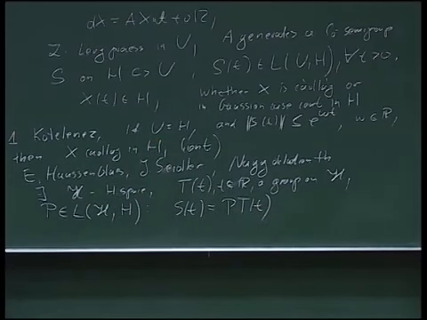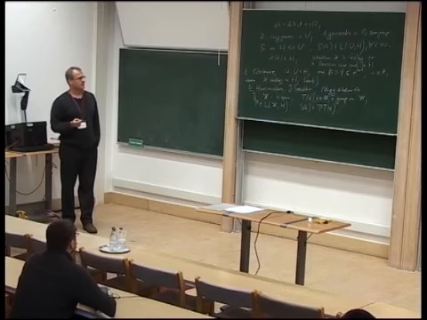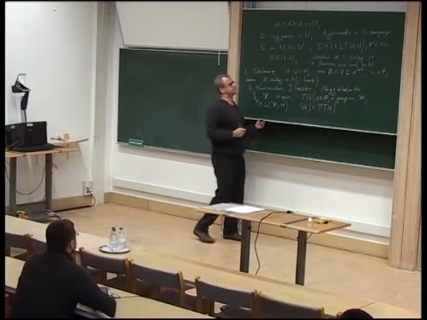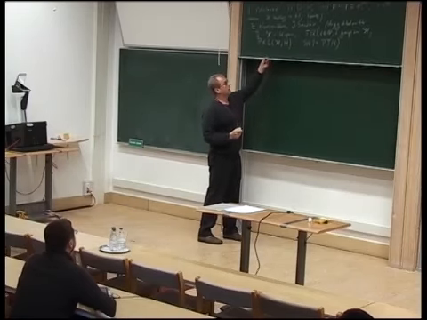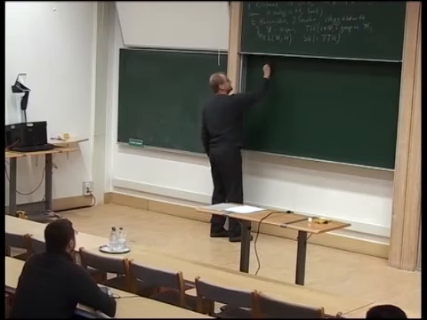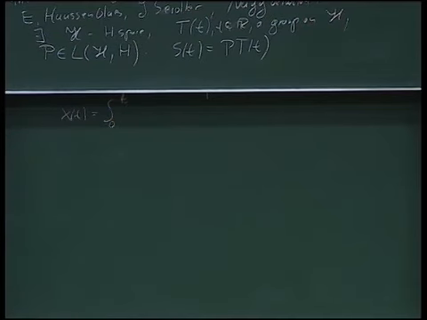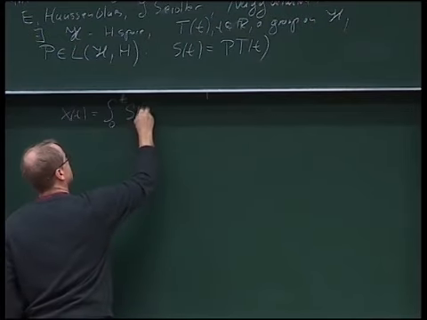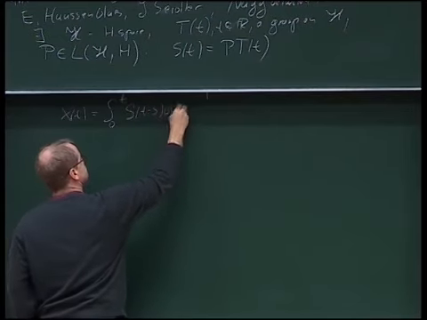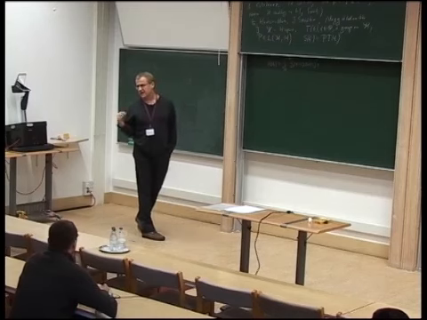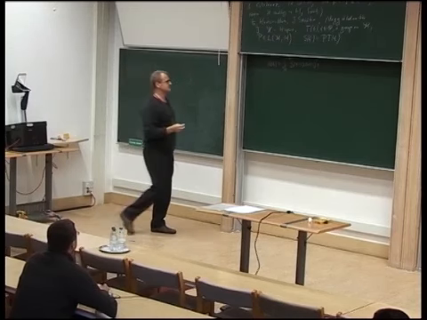So if we have this, we can study regularity in a very simple way. Why? Because X_t is of course given by the variation of constant formula, S_{t-s} dZ_s, and for simplicity, I assume that X_0 is 0.